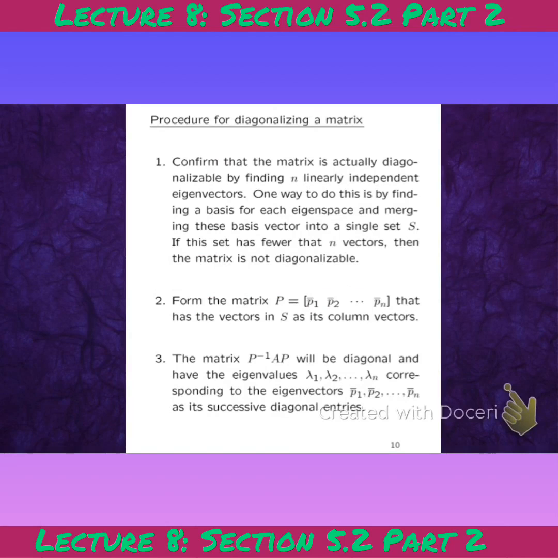That gives us a nice little procedure for diagonalizing a matrix. So first we work out the eigenvalues of the matrix. Then you work out the basis for each eigenspace, and then you merge these basis vectors together into a single set.